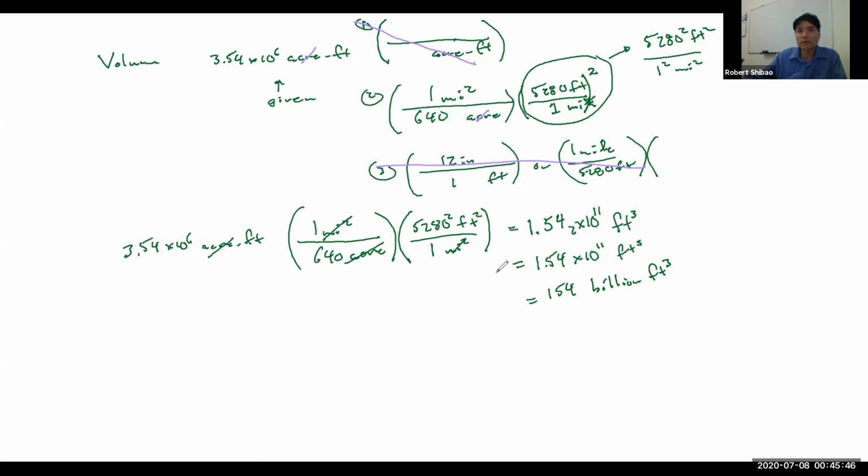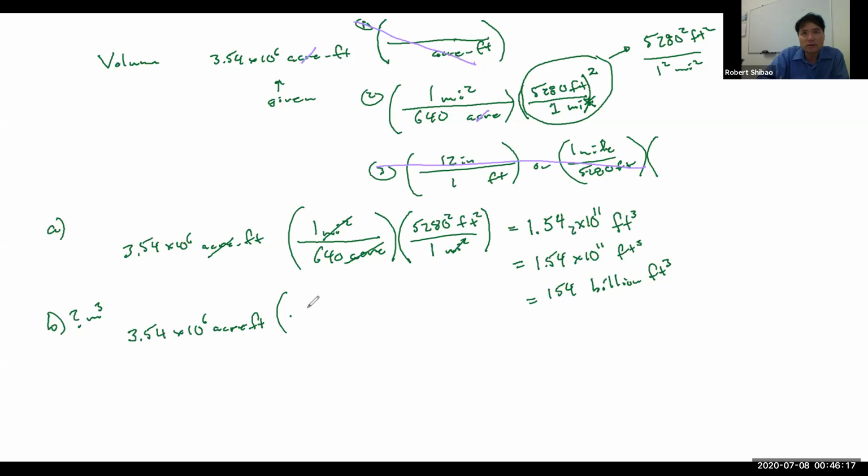Well, how many cubic meters is that? That's the next question. So this is part A. Well, we have cubic feet here, and so we want cubic meters. So part B would be cubic meters. So it's the same thing, except it looks like we're going to have to do more steps. 3.54 times 10 to the 6 acre feet.